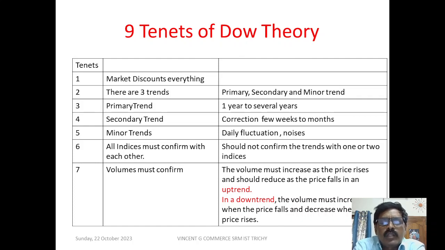So market discounts everything is the first tenet of Dow theory, which states that all the events which are happening in the country or even outside the country will be reflected in a particular stock market. Maybe the outbreak of war is the best example, or a major event like England opting out of the euro currency.